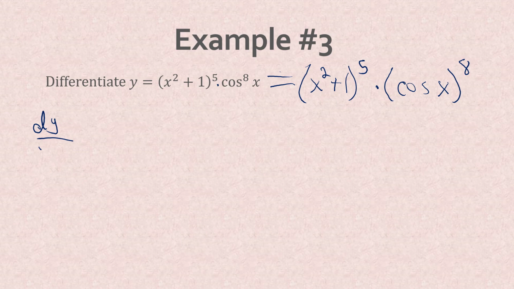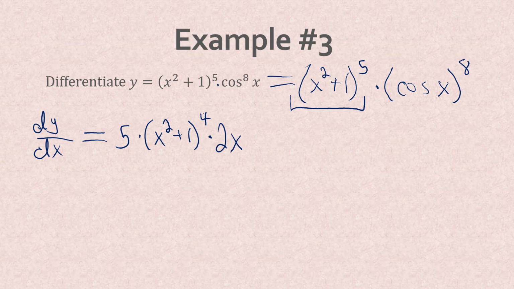So that dy/dx, when we apply the product rule, is the derivative of the first, which is 5 times (x² + 1) to the 4th times the derivative of the inside. Derivative of x² + 1 is 2x, times the second, which is cosine to the 8th of x.